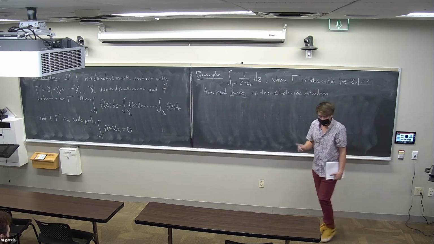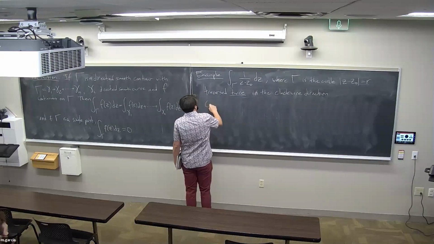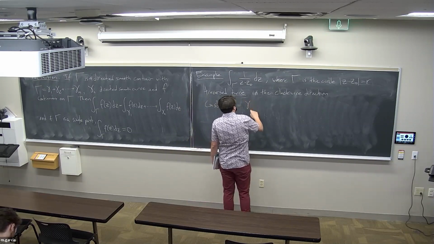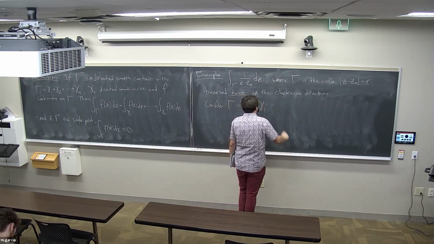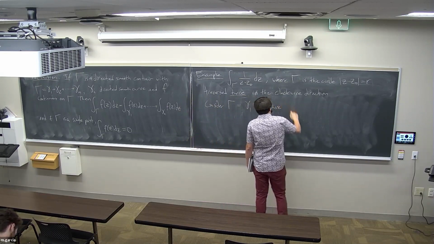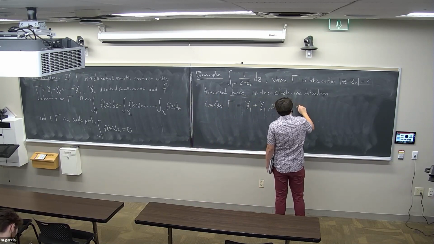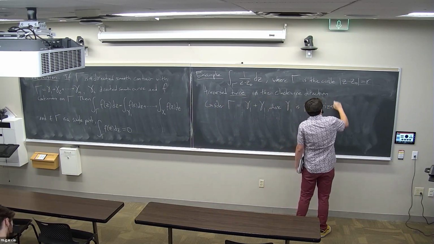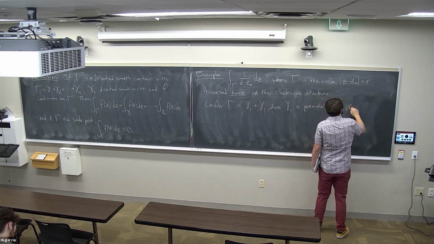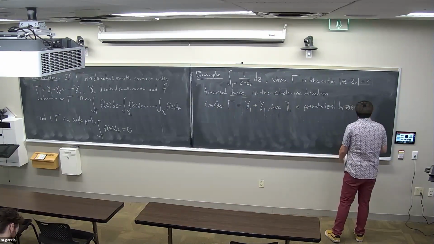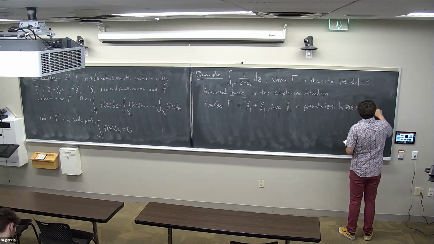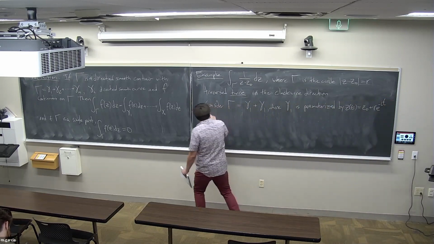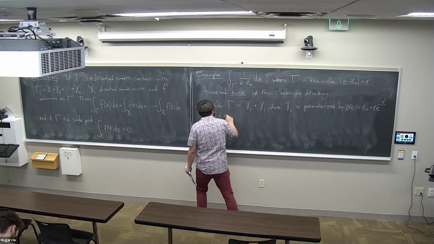Let's consider gamma equal to the sum of gamma 1 and gamma 1, where gamma 1 is parameterized by z of t equal to z naught plus r e to the negative i t, t between 0 and 2 pi.